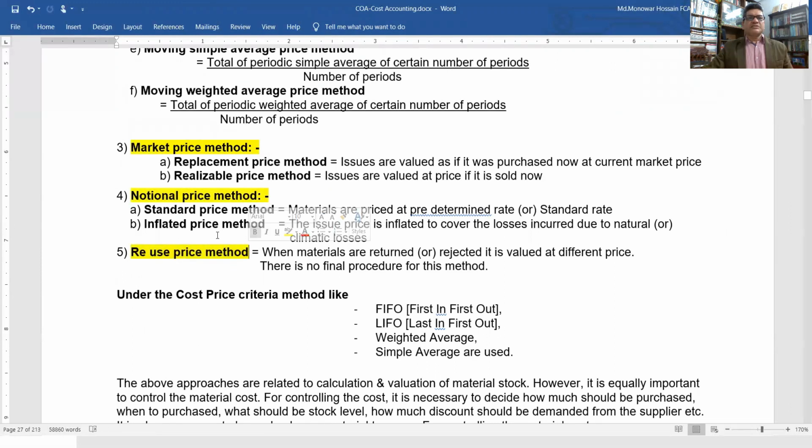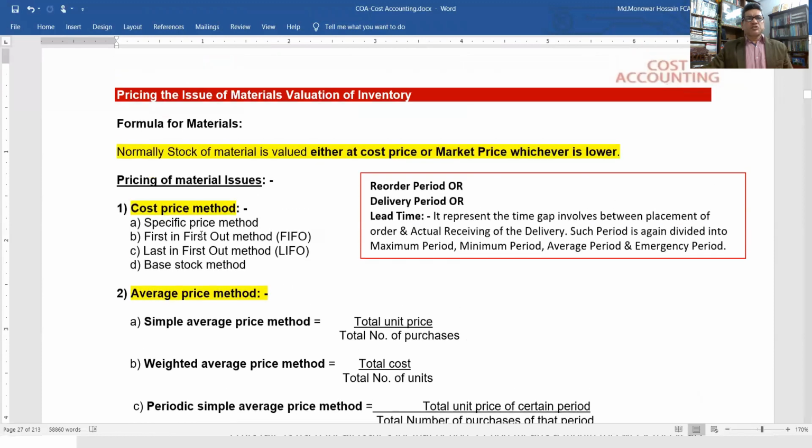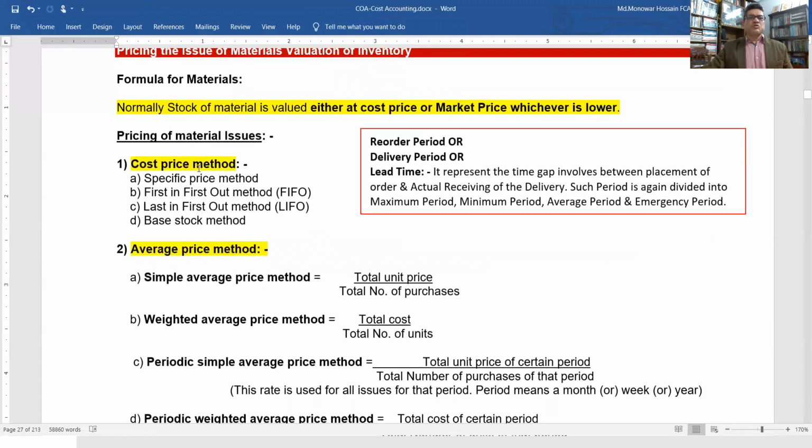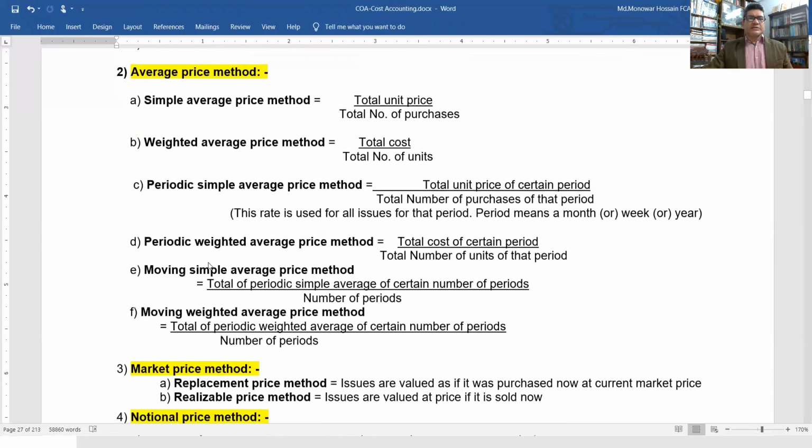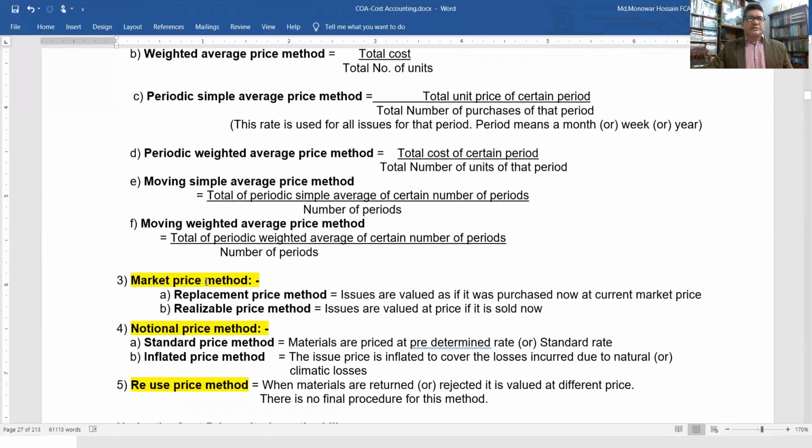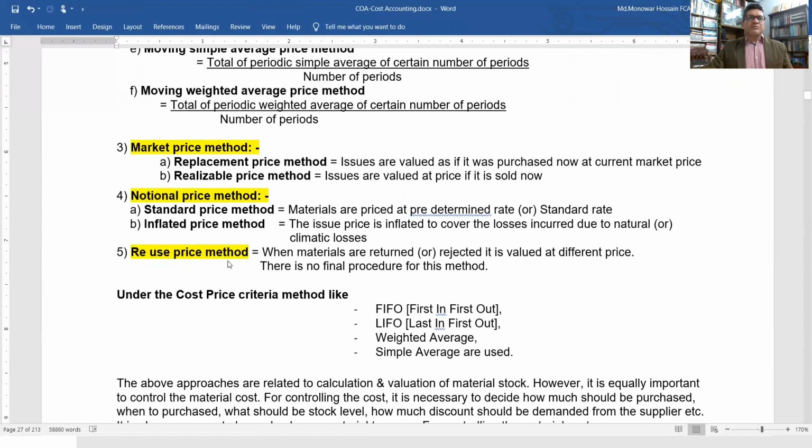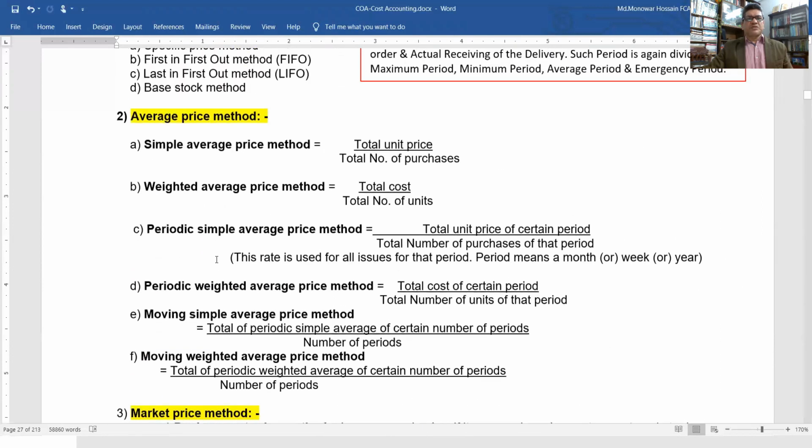That type we can segregate in different ways. So pricing of material issue can be cost price, average price, market price, notional price, or reissue price, reuse price.